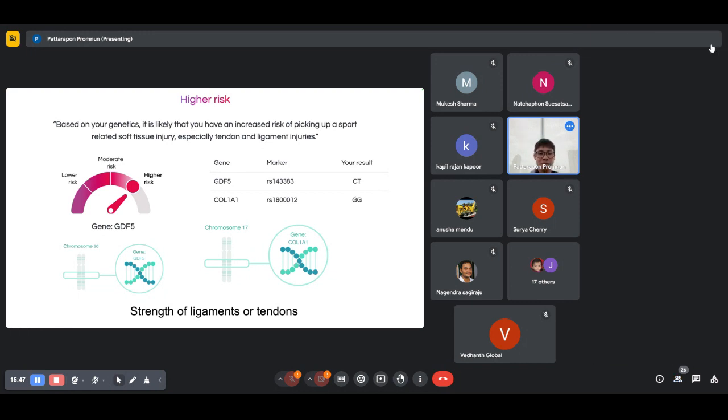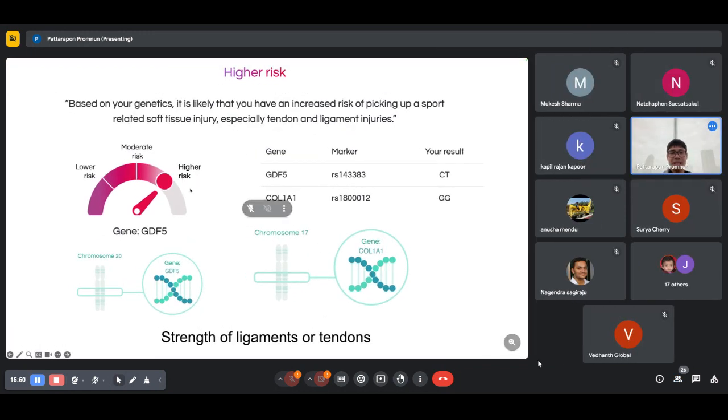For my report, I get this result. It can be interpreted as a higher risk of getting injured from sports or exercise, because I have a weakness of ligaments or tendons. From this report example, if two persons are jumping from the same height, one guy is injured very badly, but one guy stays safe.